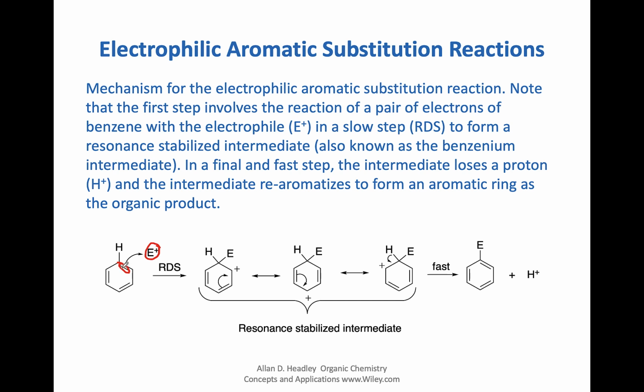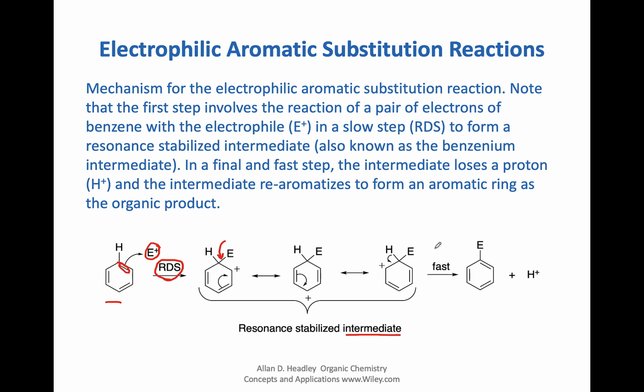So in the initial step, it gives these 2 electrons here to form this bond right here, to form an intermediate. Notice this intermediate here is not aromatic, whereas this is aromatic, very stable. So this step, as you can imagine, is slow, the rate determining step.